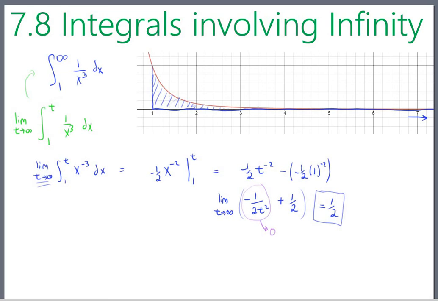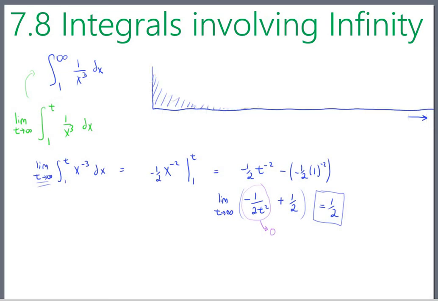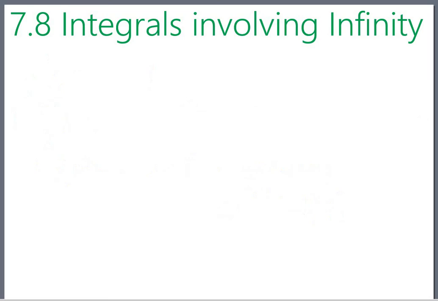Okay, let's take a look at a different example. Let's do maybe the integral from -infinity to 2 of x e to the x dx. I'll just set this one up. I might not do the whole thing all the way through, but again, we need to replace the infinity with a placeholder.